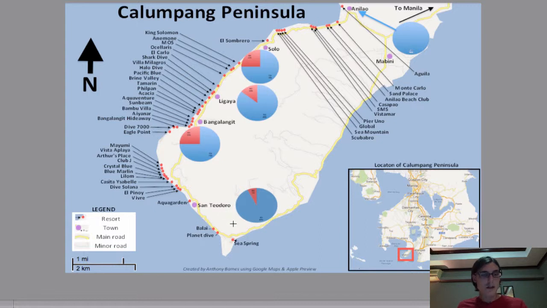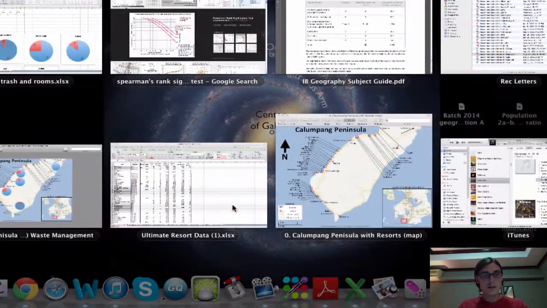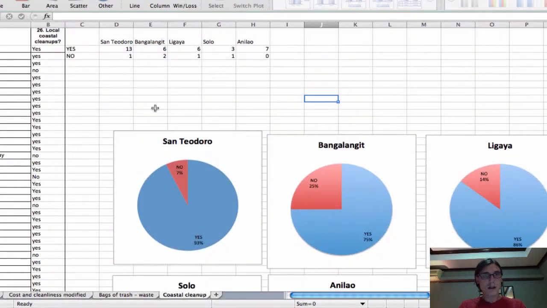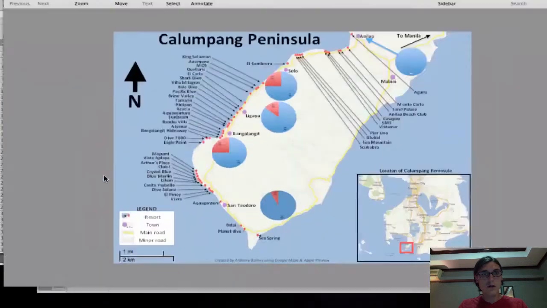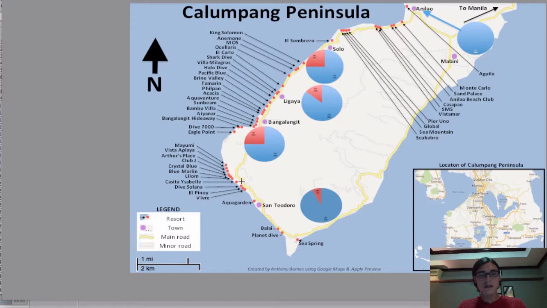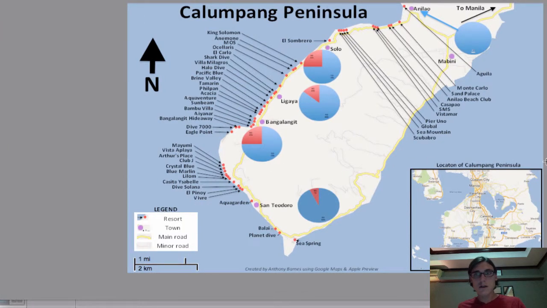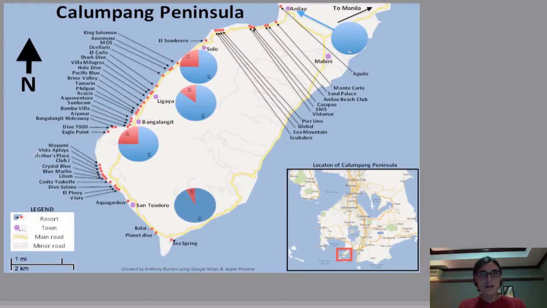The San Teodoro barangay includes Sea Spring Resort, Planet Dive, Balay, and Aqua Garden. And so the information that I took was from that information. Let's see, so 13 in San Teodoro. If I go here, okay, so all of these would then be in San Teodoro.